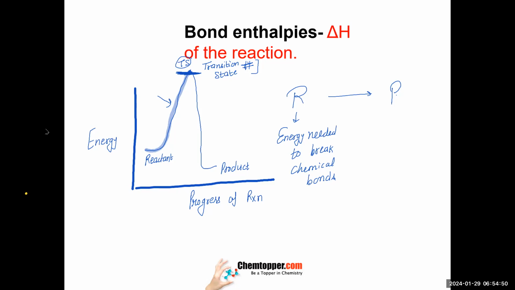So when the bonds are forming, is bond formation exothermic or endothermic? Yesterday I told you about this. Bond formation. The blue one is bond breaking, the red one is bond formation. Bond formation means attraction making, right? Attraction making.